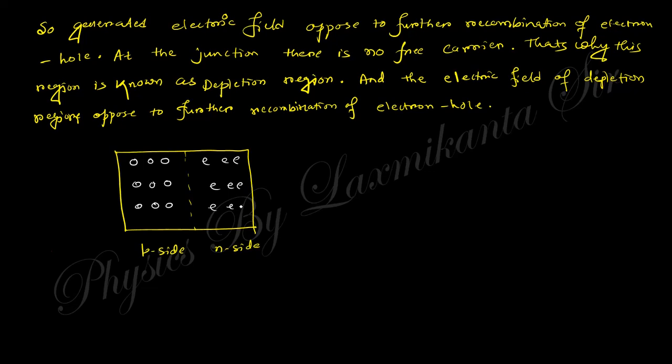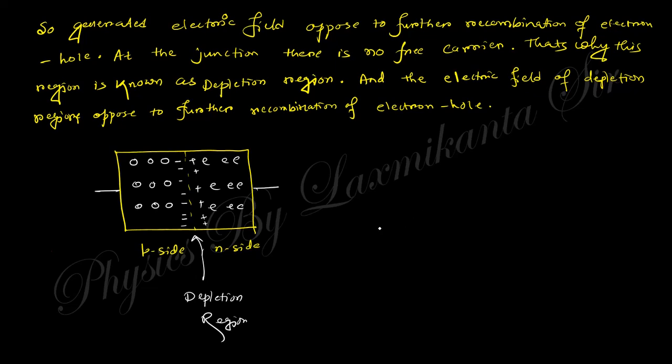These are the majority carriers. This electron comes here, so this region becomes negative and this becomes positive. This region is called the depletion region. Okay, so this is the PN junction formed. This is called the PN junction.